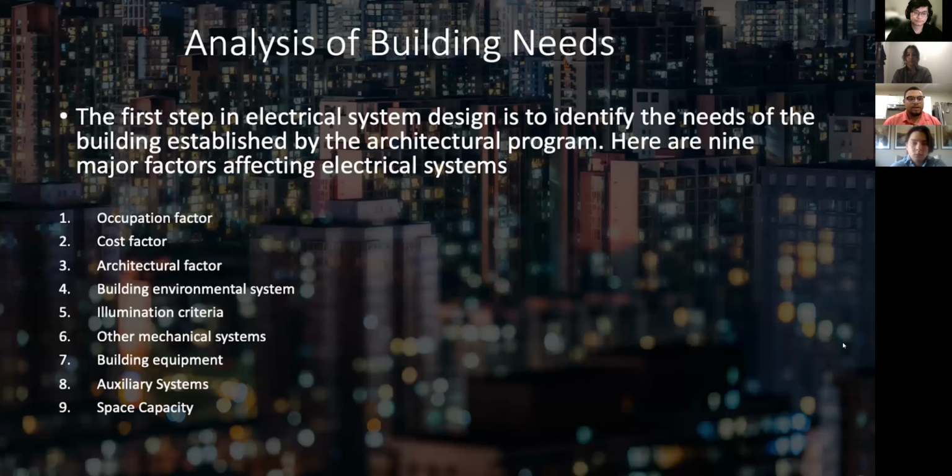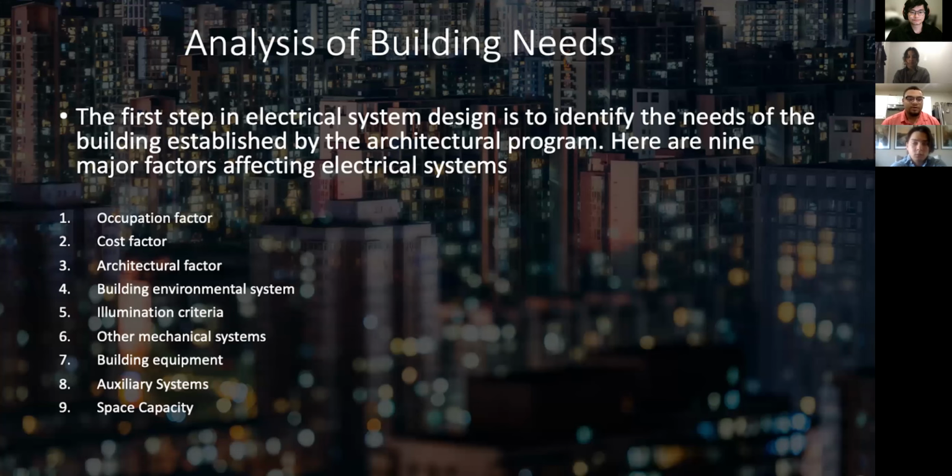Next, we're going to talk about analyzing your building needs. The first step in electrical system design is to identify the needs of the building established by the architectural program. Here are 9 major factors affecting electrical system. First, it's your occupation factor. What type of building occupancy?